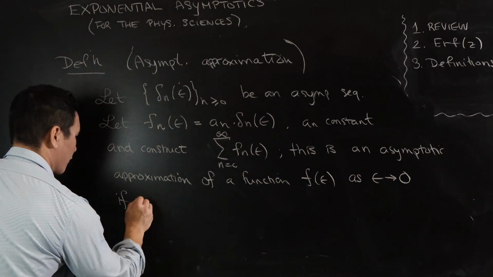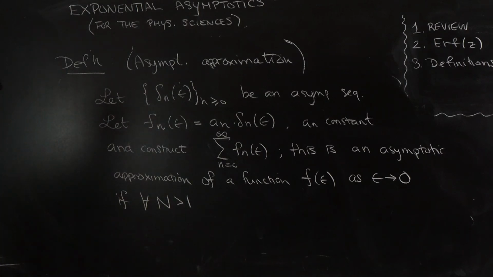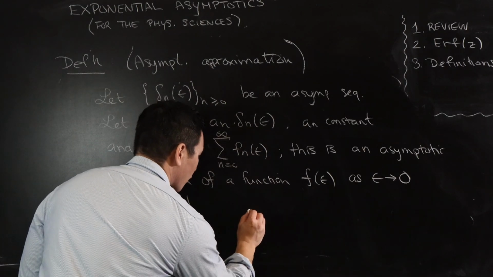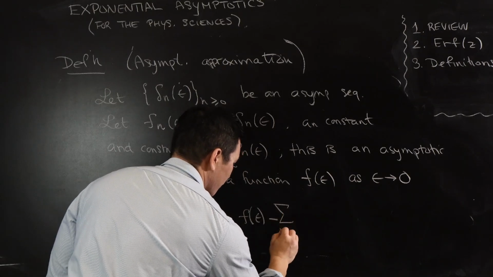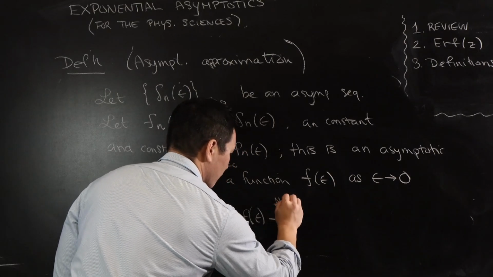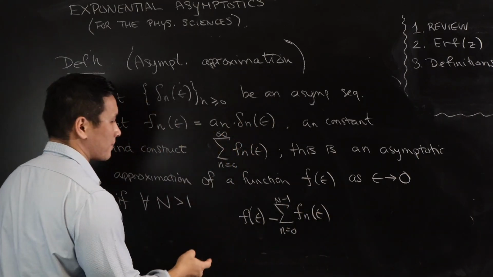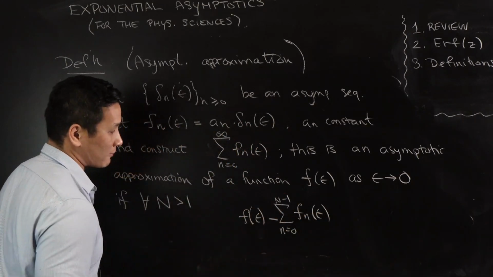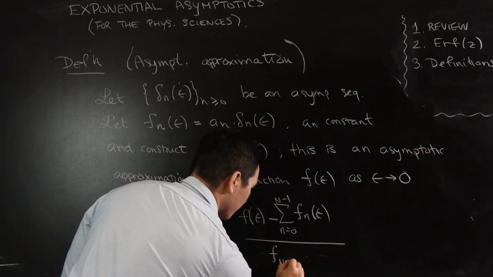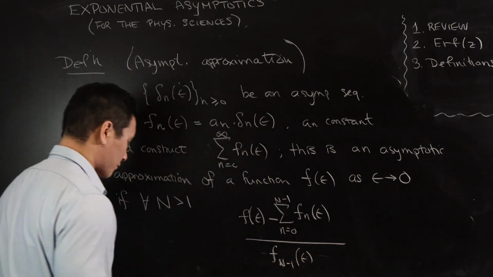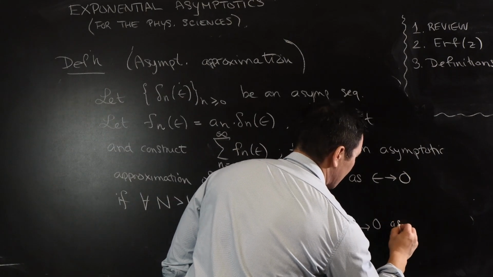If for all n greater than 1, the ratio of the true value minus your approximated value, taking n terms from my series, which is the thing that we were plotting before, divided by the last term, tends to 0 as epsilon tends to 0.